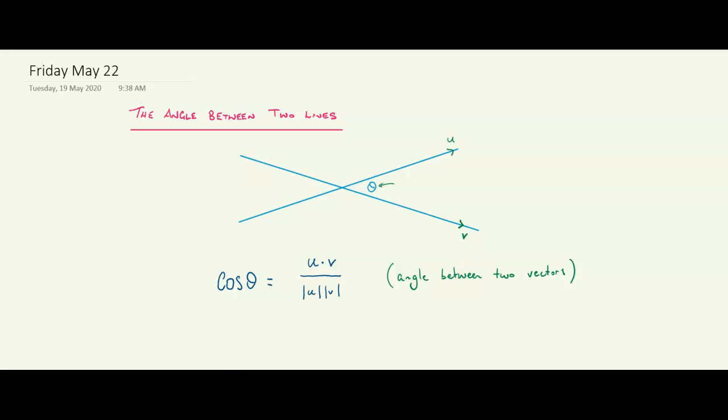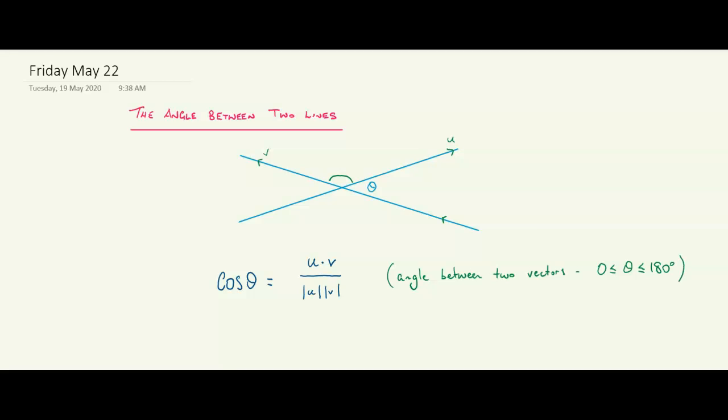But if I change the direction of one of these vectors, so let's take v, and let's say v is going this way, so this is my v, and v is going out that way now. So the angle between my two vectors is this one here, and that's obtuse. So theta can go anywhere from 0 to 180 degrees. Okay, so that's the angle between two vectors.